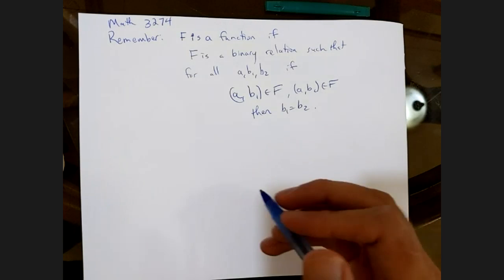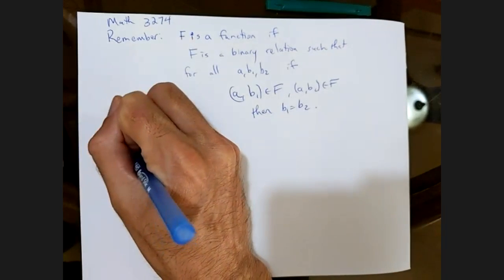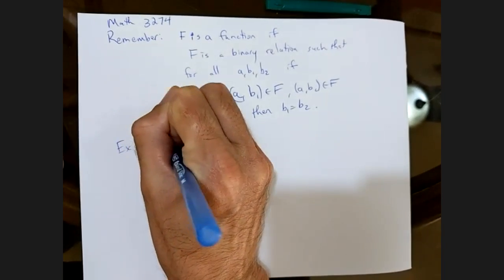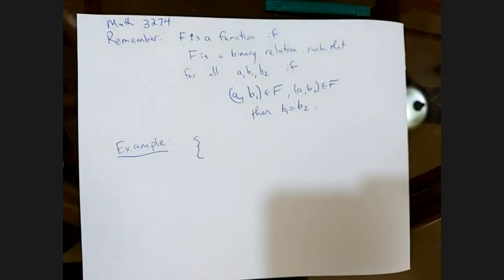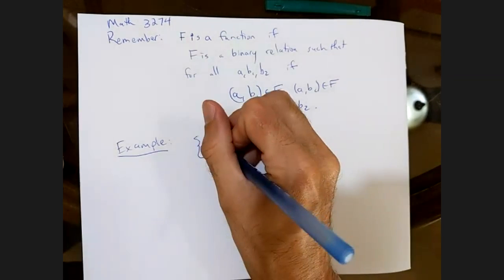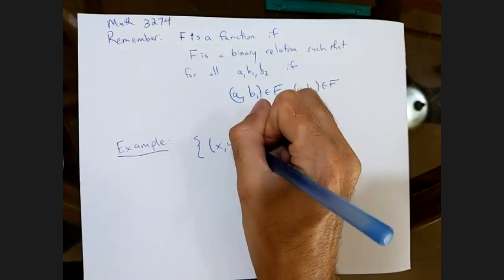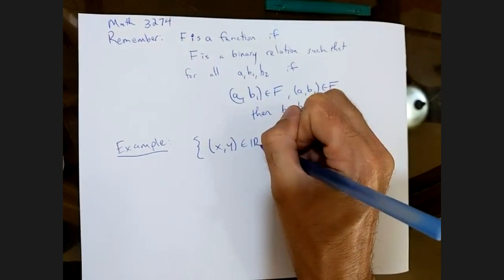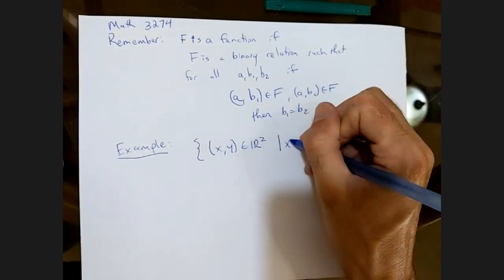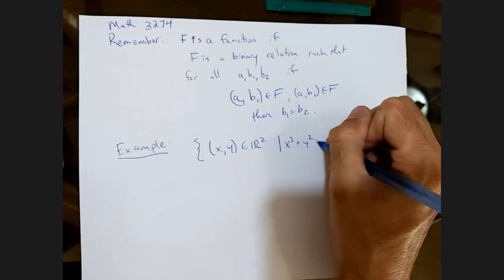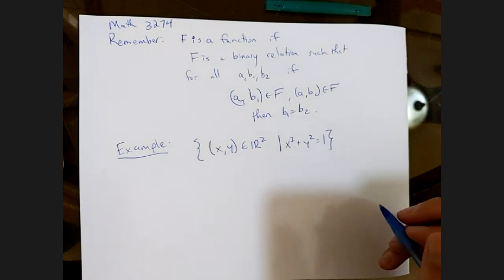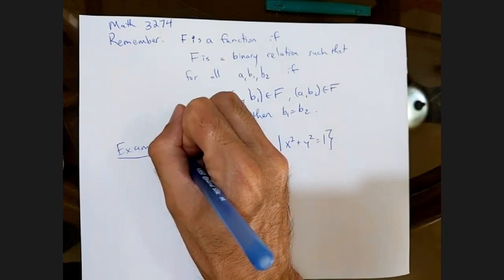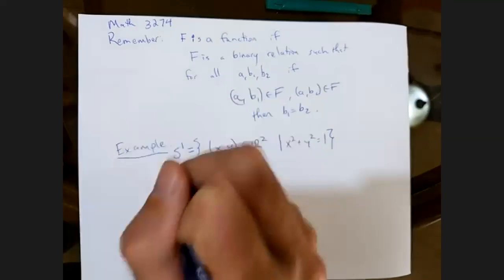So as a quick example, we could do the set of ordered pairs of real numbers such that x squared plus y squared equals 1. This is called the unit circle, we call it S1 maybe.